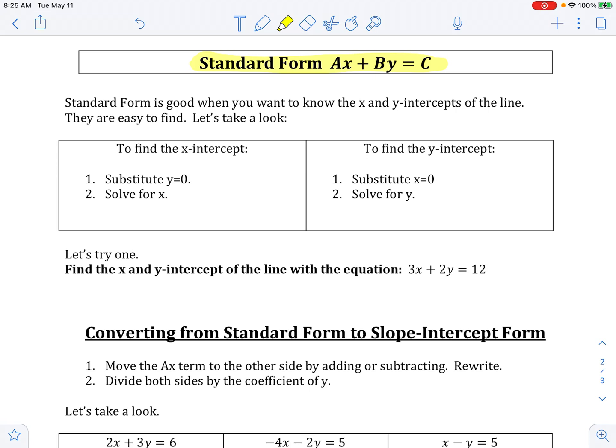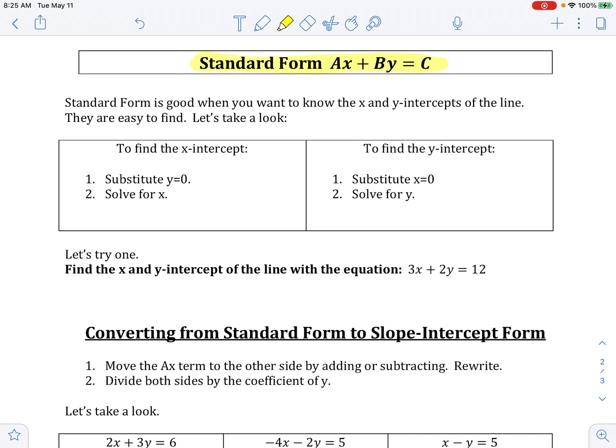So let's find the x-intercept first. Remember, the x-intercept is the point on the x-axis where the line crosses, and every single point on the x-axis is going to have a y value of 0. It's going to have a y coordinate of 0. So to quickly find the x-intercept, all you have to do is put 0 in for y and solve the resulting equation for x.